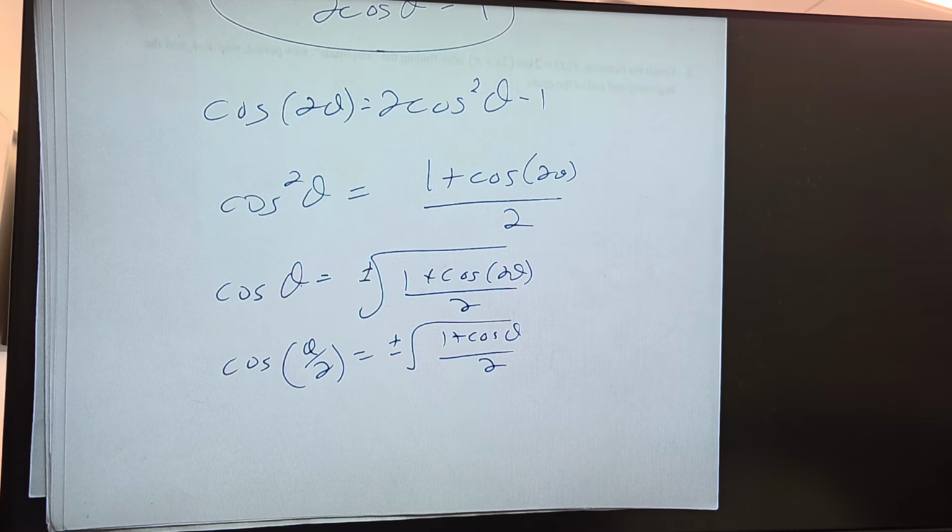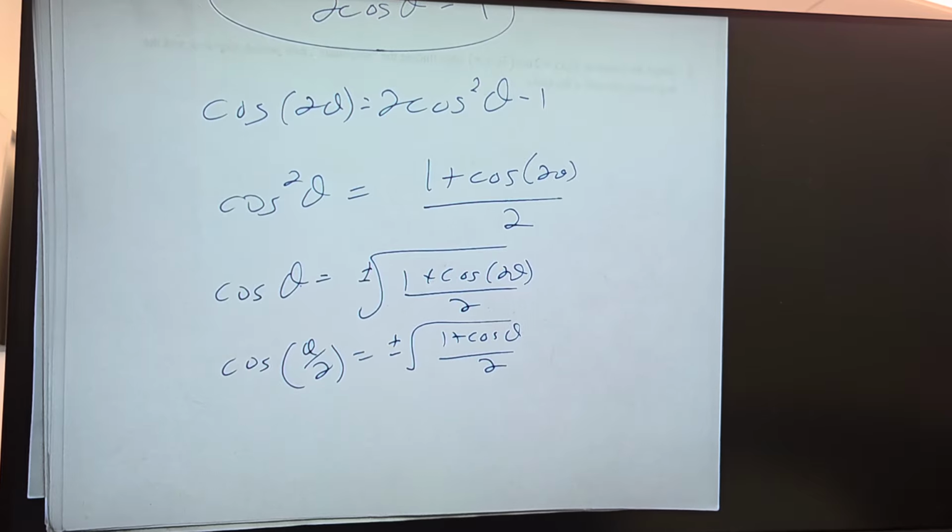Is that true here? Whatever this angle is, that's half of it. There's that angle, is that half of it? What angle is this? And what's half of 2 theta? So, let's try this again. Is this angle half of this angle? Yes. Okay. That's why this is the same as this is the same as this.